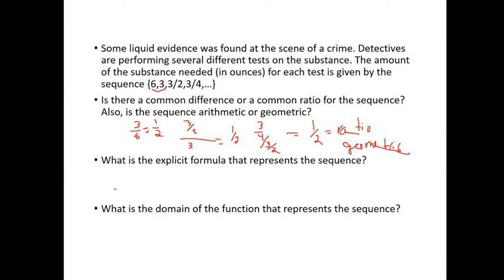Now we have to write an explicit formula that represents the sequence. So one way to write the explicit formula, we're going to have a sub n is equal to a sub 0 times r to the power of n. So a sub 0 is going to be the first term.